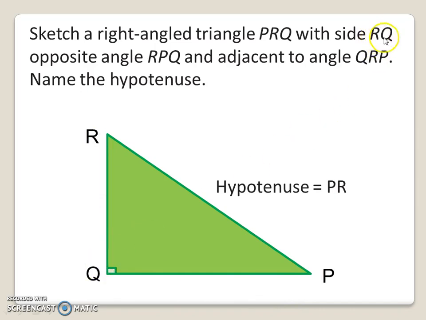The side RQ is opposite the angle RPQ. The adjacent side is adjacent to the angle QRP. So RQ is adjacent to this angle, but it's opposite to this angle. So that has to be the order that it goes around. So that's why the hypotenuse is PR. So that's just wording practice.